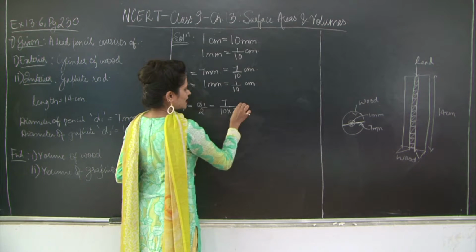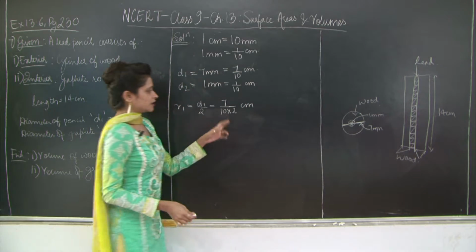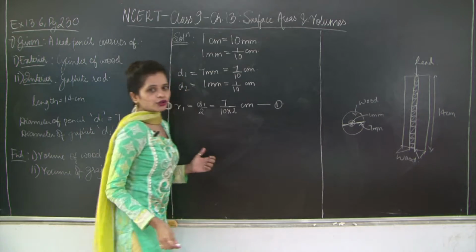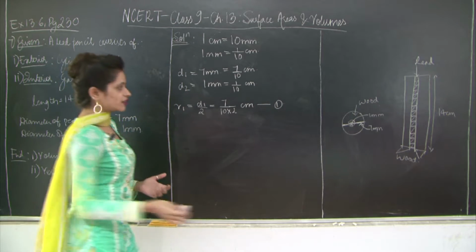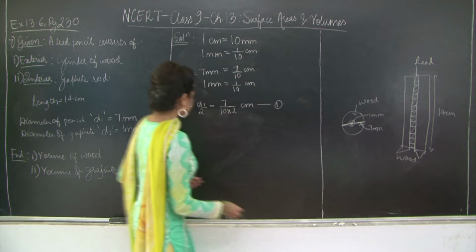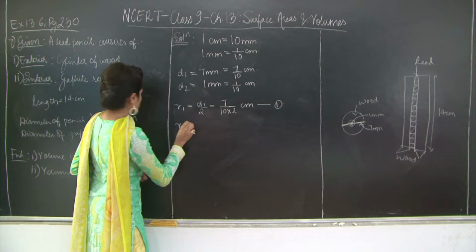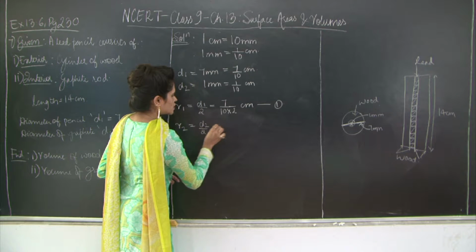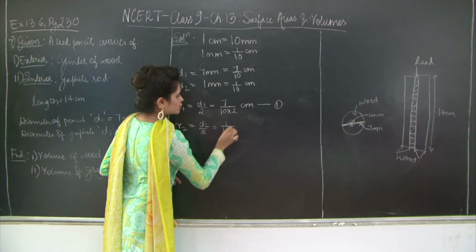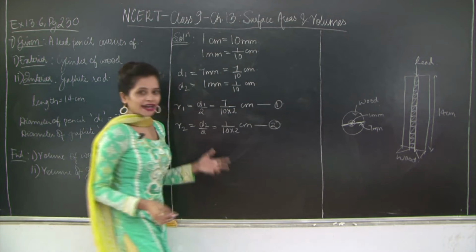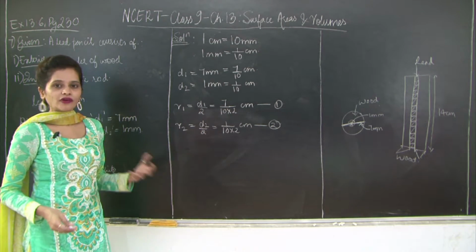I'm just going to leave it as it is. This is your radius 1. That is going to be the external radius from this region to this region, right? And radius 2 is going to be equal to diameter 2 upon 2, which is 1 upon 10 into 2 centimeters. So now we have the height as well as the radii in terms of centimeters.